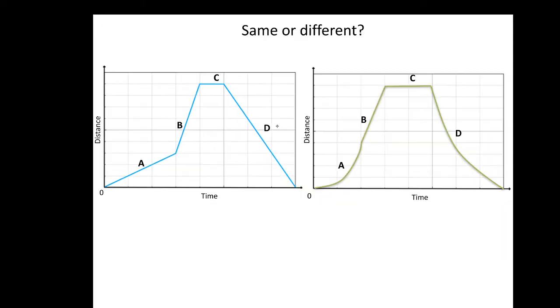Okay? Right, so have a look. What's the same and what's different about the 2 graphs? Do you notice they're kind of vaguely in a similar style? You're going away from a point, you're going at different speeds, you stop at a point, you come back, they're vaguely similar, but can you see A is curved?